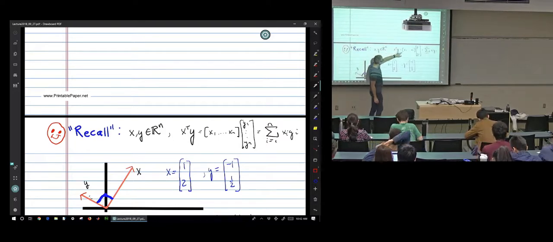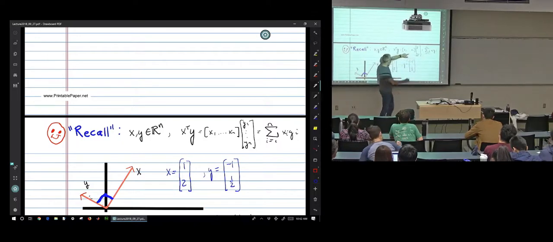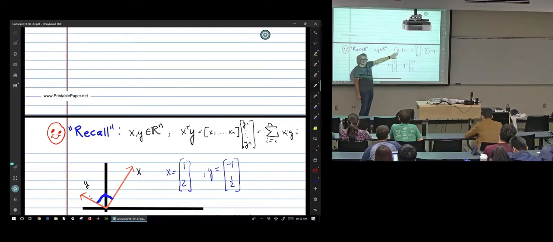The transpose of x is a row vector, and y is this column vector. When you multiply them, by the rule of matrix multiplication, it's just the sum of the ith coefficients. Now, did you have a name for this in one of your courses? Dot product. Okay. I'm not putting a name on it here. You may have had one, that's fine.